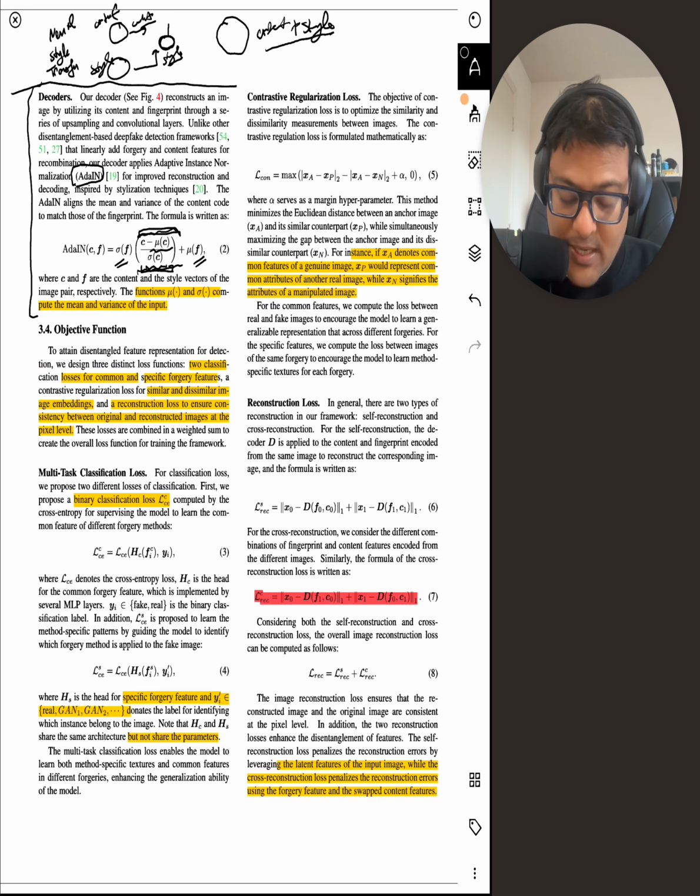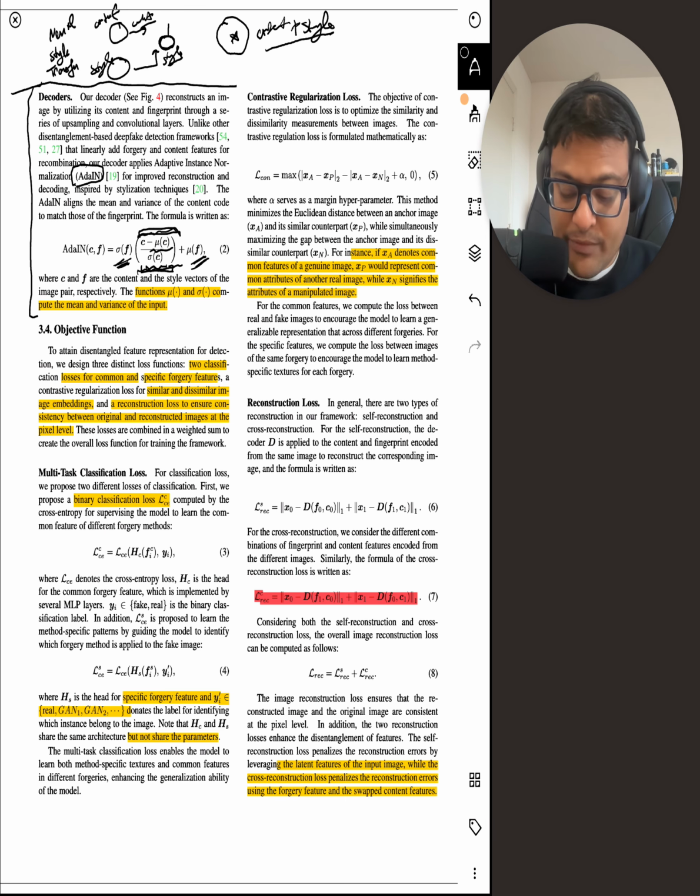So you take your content feature, destroy some of the content information from it, and then apply the style-computed statistics, so that the resultant features contain the style applied on top of content.